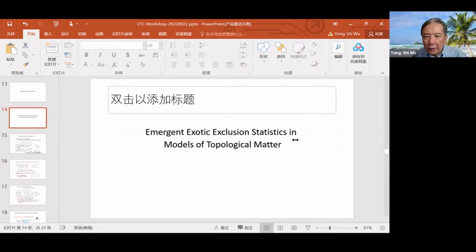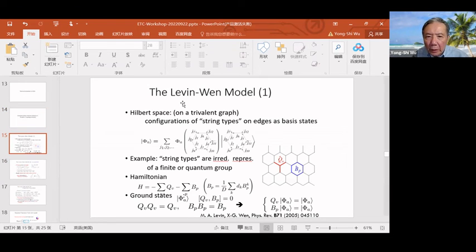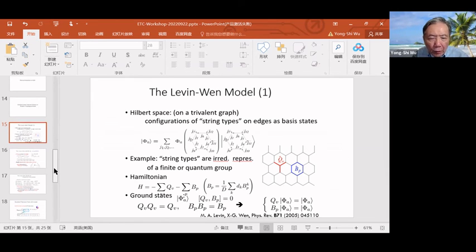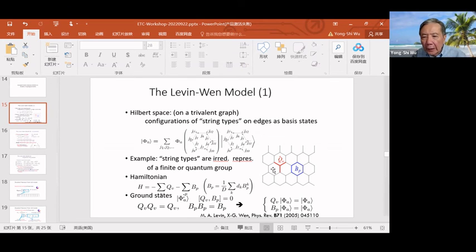Finally, I can talk about the emerging exotic exclusion statistics in a model of topological matter. The model we're talking about is the so-called Levin-Wen model, which is on a two-dimensional trivalent graph, such as a honeycomb lattice, and we put representations of some group algebra or quantum group algebra on the links.